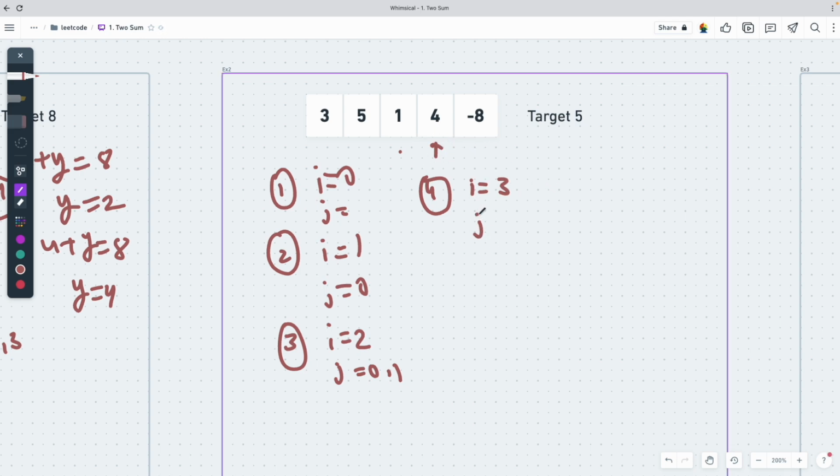Now j values are 0, 1 and 2. So when i is 3 and j is 0, 4 plus 3 is 7. When i is 3 and j is 1, 5 plus 4 is 9. When i is 3 and j is 2, 4 plus 1 is 5. So that is our solution. i is 3 and j is 2.